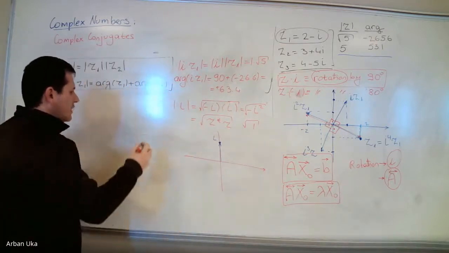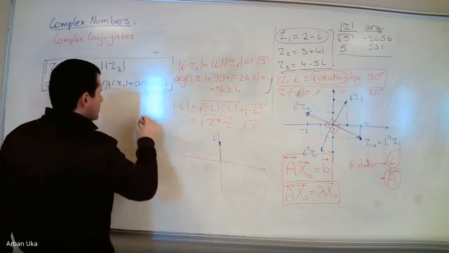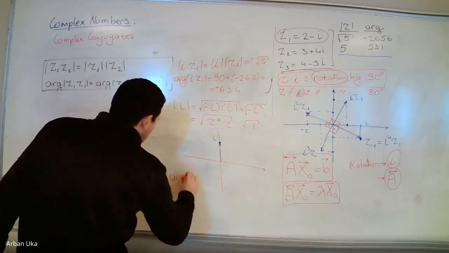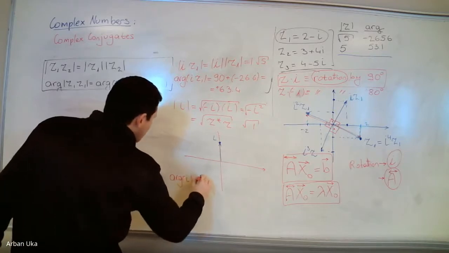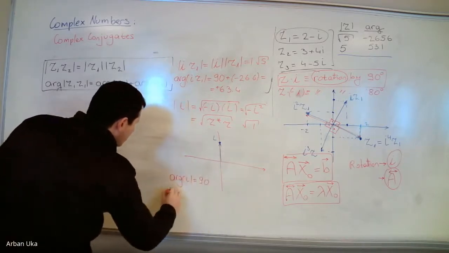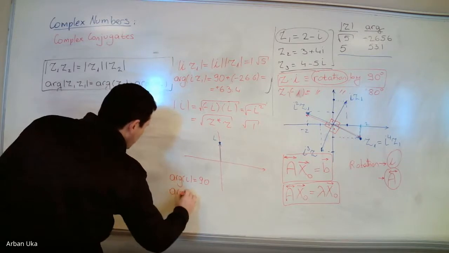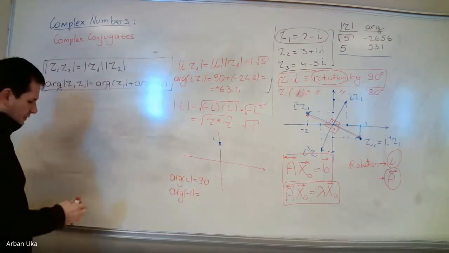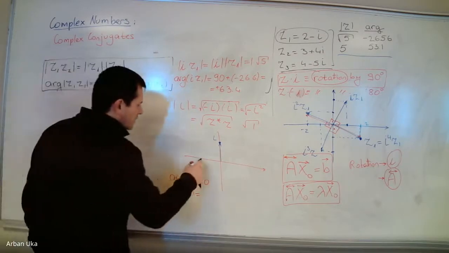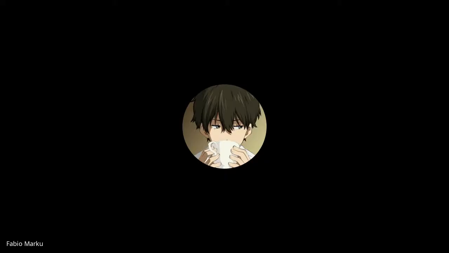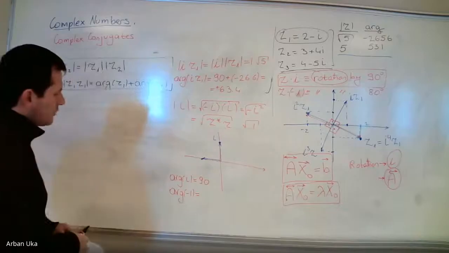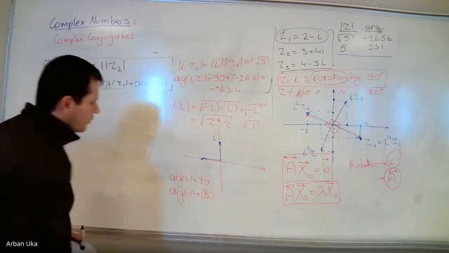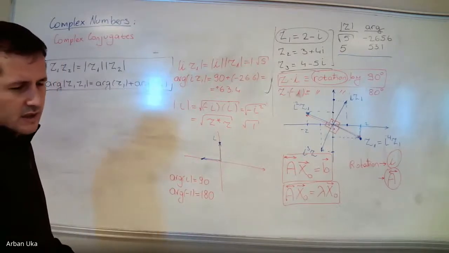And it is good to have a look for a moment to discuss the following. What is the argument of i? You said it's 90, that's true. What is the argument of minus 1? 180. That is true. I don't know whether it's minus 180 or plus 180.